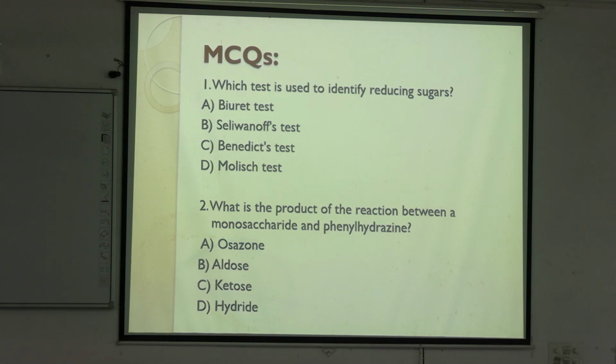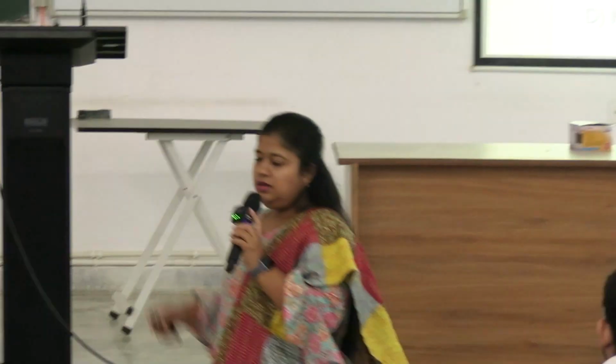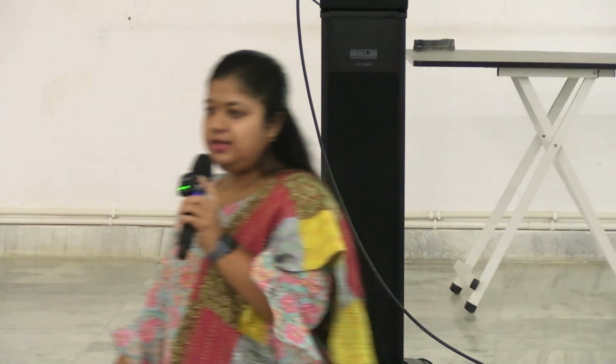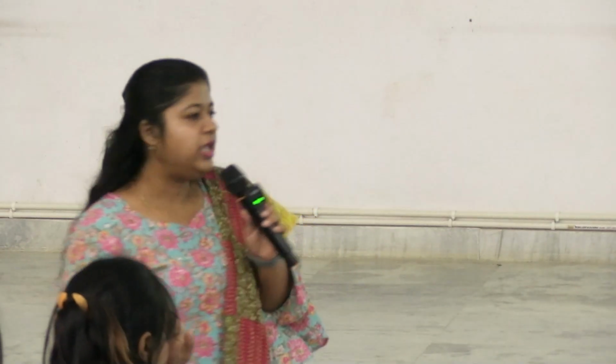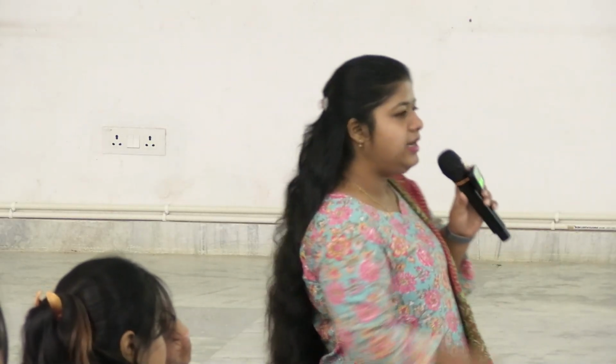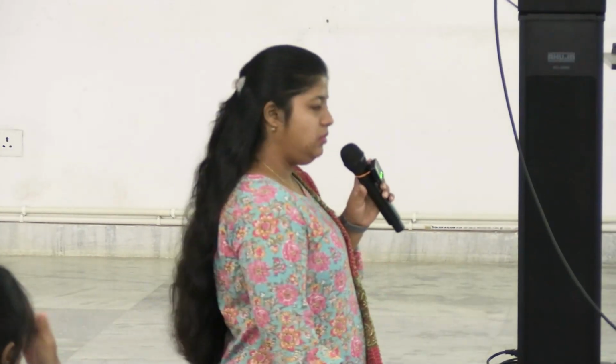Why not Molisch? Why not Seliwanoff? Formation of enediol. Sit down. So formation of enediol further provides the reducing property of any reducing sugar. Right? So only in Benedict's test we get the enediol and that will perform the reducing property.